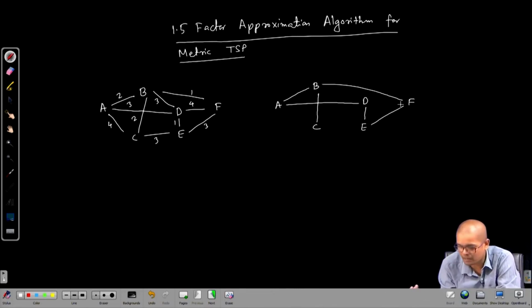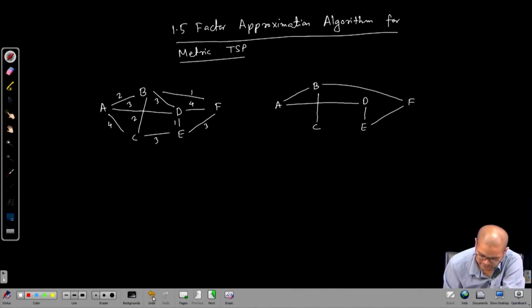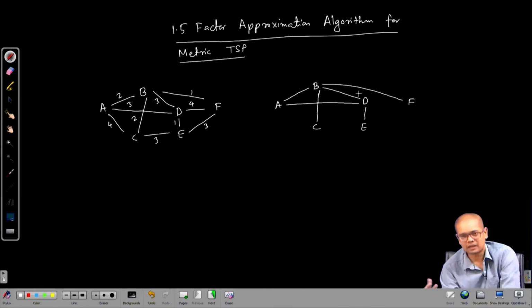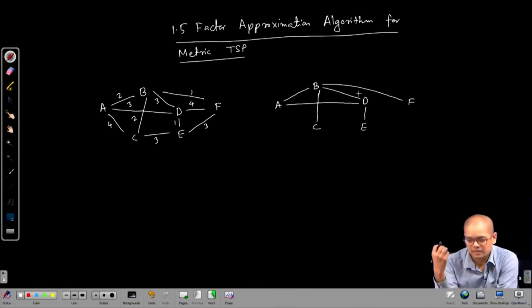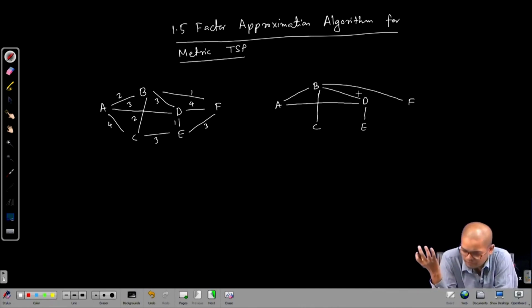Of course, there are other minimum spanning trees. The other MSTs will also work, but let us take this one, as this will elaborate the use of this algorithm more elaborately.